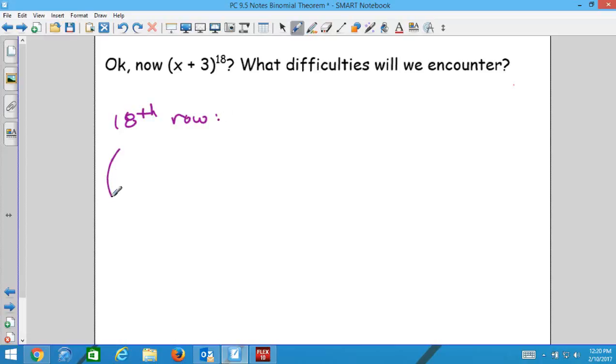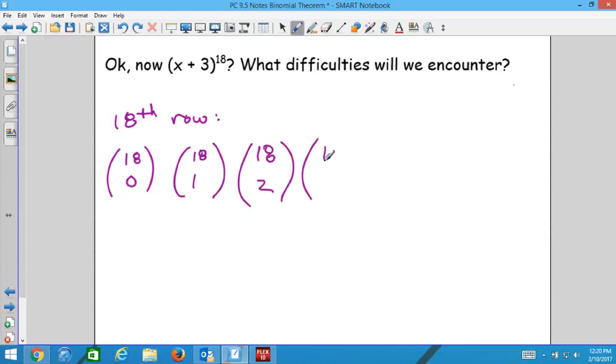So the 18th row in Pascal's triangle would be using combinations: 18 choose 0, and then 18 choose 1, and then 18 choose 2, and then 18 choose 3. Can you follow my pattern? What would be the very last thing in the row? It would be 18 choose 18.